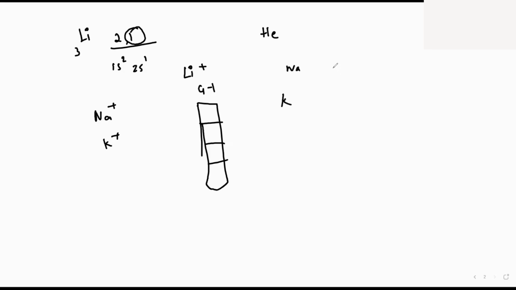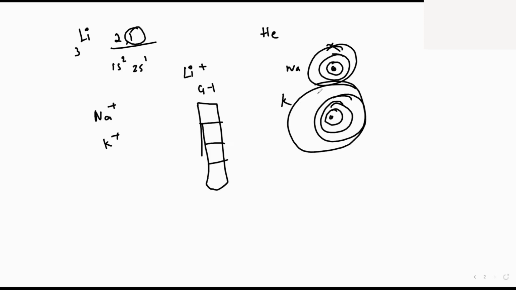When I say potassium is more reactive than sodium, again, very easy to understand. Why? Because sodium has 1, 2, 3 shells, valence electron in the third shell. Potassium has 4 shells, so the fourth shell, so its atomic radius is more. Ionization potential and all are connected, but to explain this you don't need that.